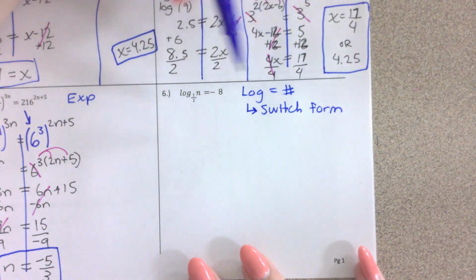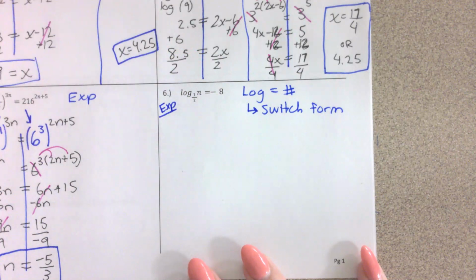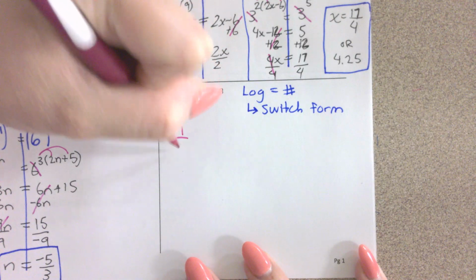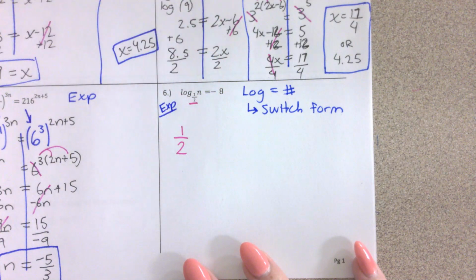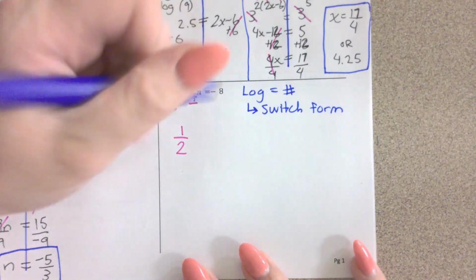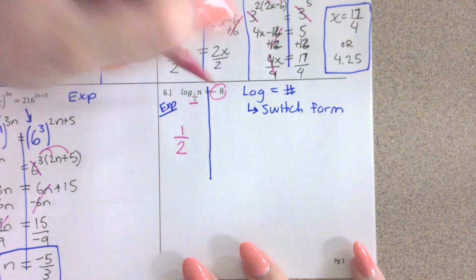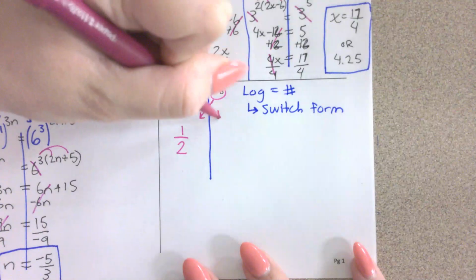Since this is a log form, we want it in exponential form. Base stays base. My base is 1/2. And this time, the base is small in log form. It's big in exponential form. So base stays base. The other two switcheroo. Negative 8 comes over here, and n comes over here.